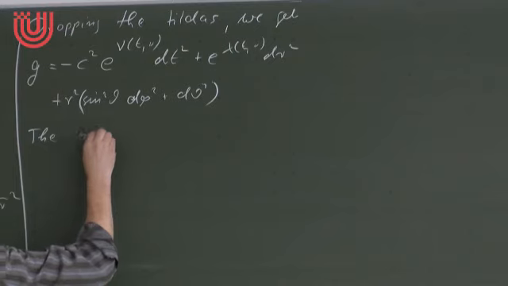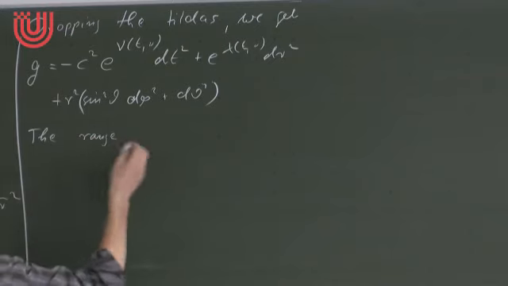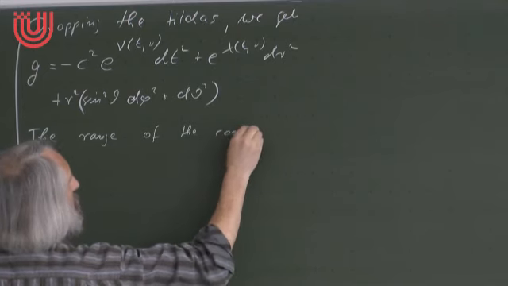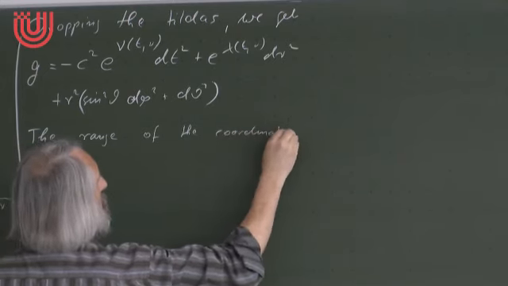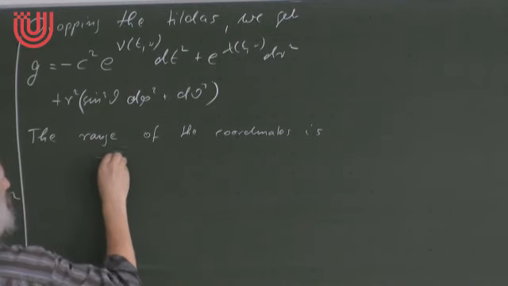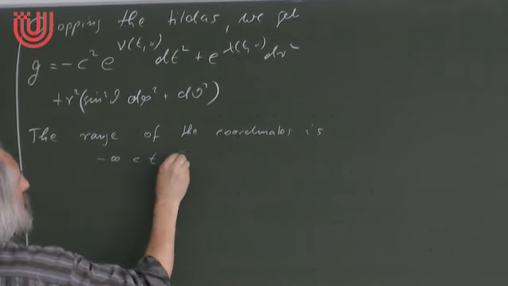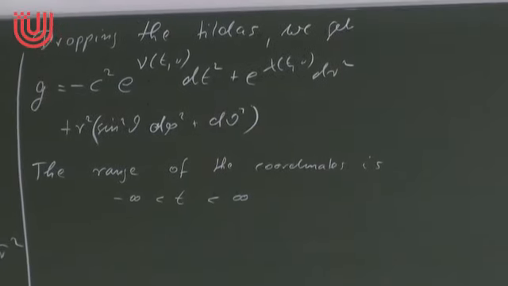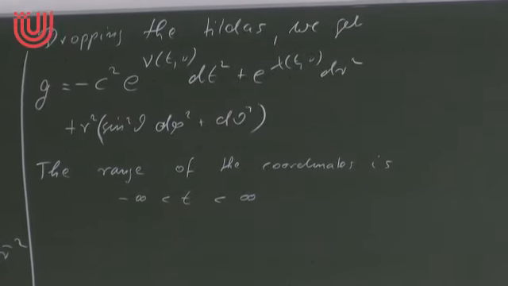Well, that's more or less self-explanatory. The range of the coordinates is what? Our time coordinate, of course, should run from minus infinity to plus infinity. We want to have the spacetime for all times.